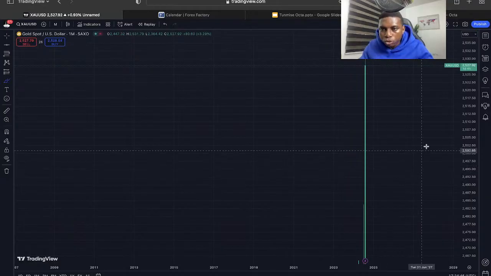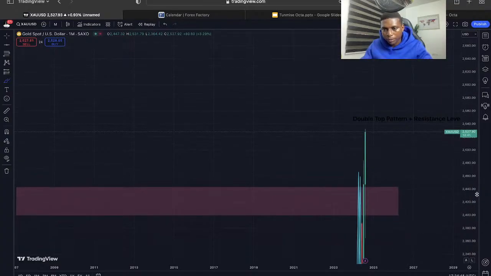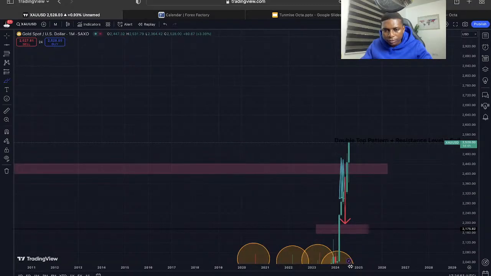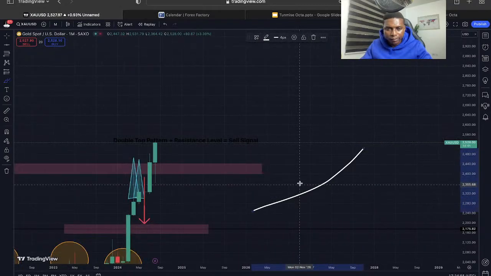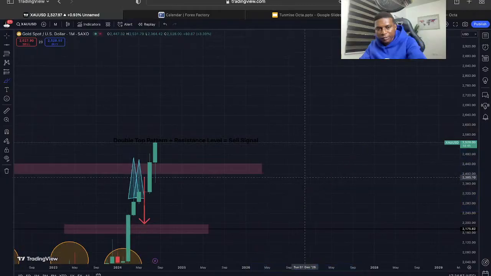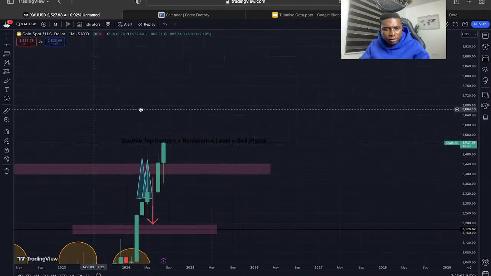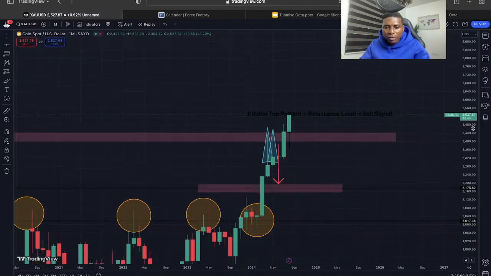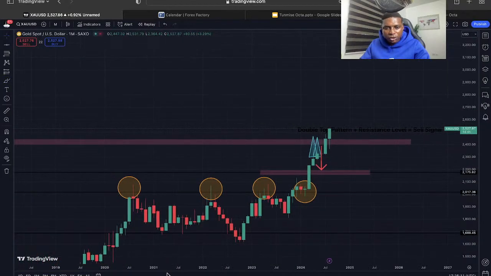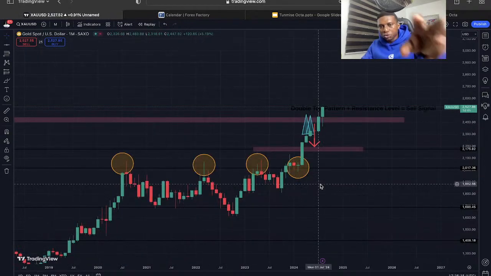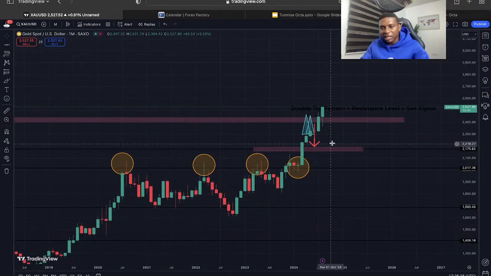A top to bottom approach. So here is something I did on gold. I would just want to use this to carry on the explanation.